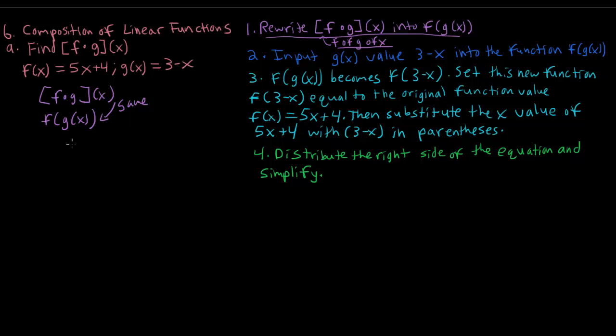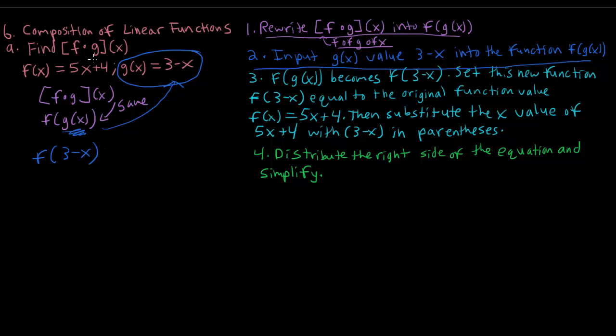So once you've done that, then step 2 is to go ahead and input the g of x value of 3 minus x into the function f of g of x. As we can see up here, g of x equals 3 minus x. So this portion right here, we want to insert this value 3 minus x. So we would just end up with f of 3 minus x.